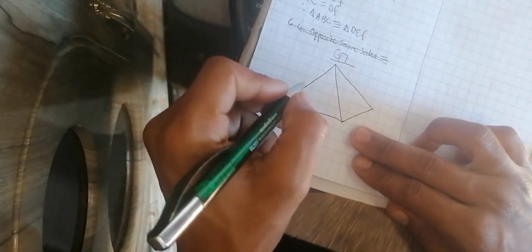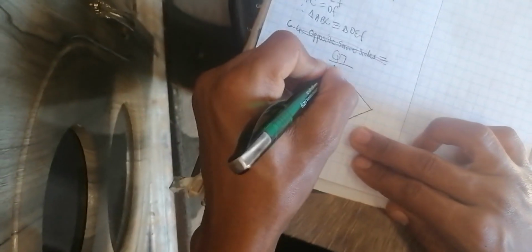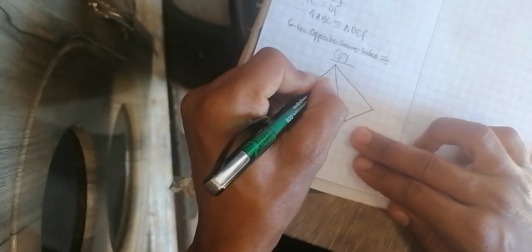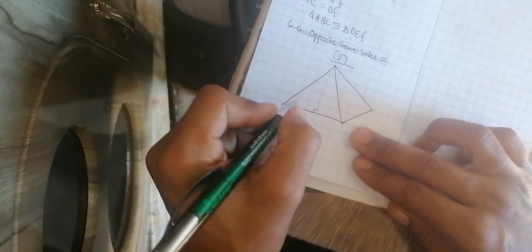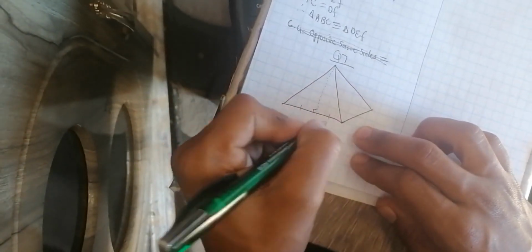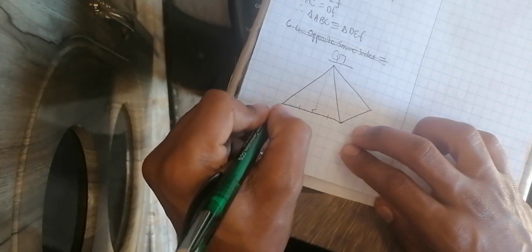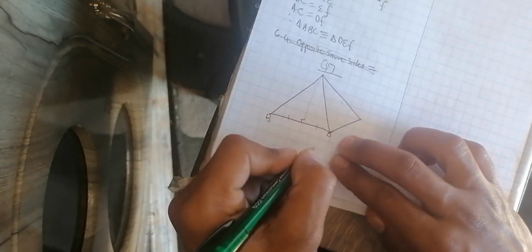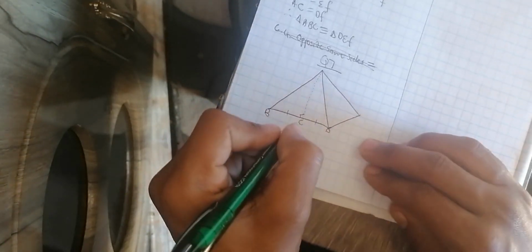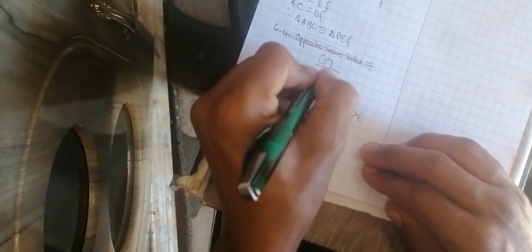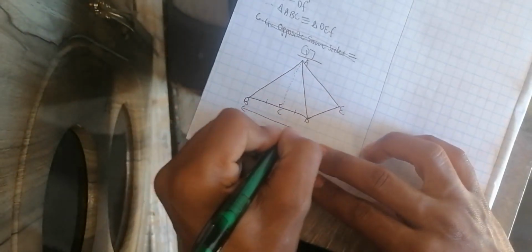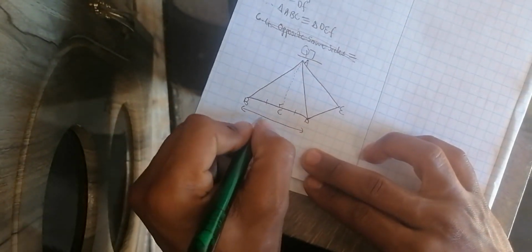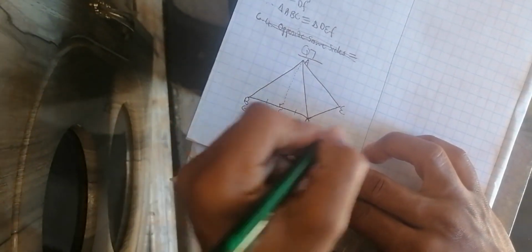I don't know whether my construction of the drawing is correct, but we have something like this. This side equals that side. This is B, D, this is C, this is E, and this is A. And the distance from here to there is 35 meters.